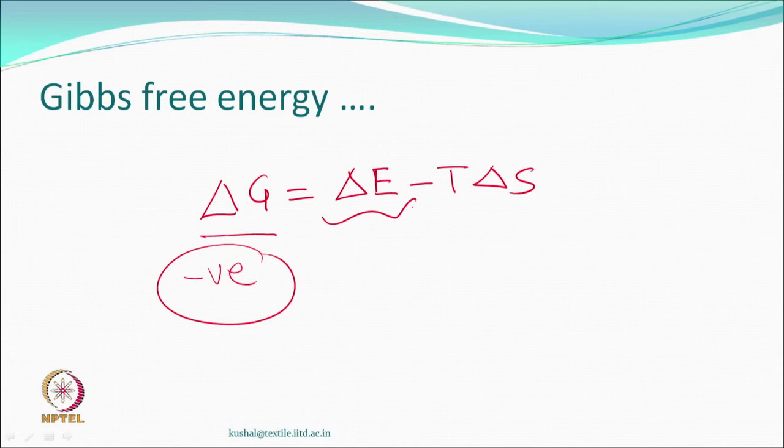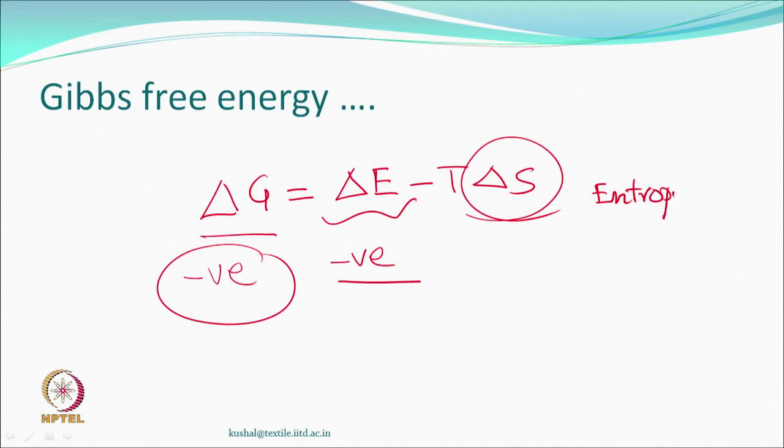What it means therefore is, there is this term which is related to, let us say, internal energy. If this is negative, it is a good idea, then it is helping the state. There is another term which is here, which is called the entropy, which represents the disorientation.